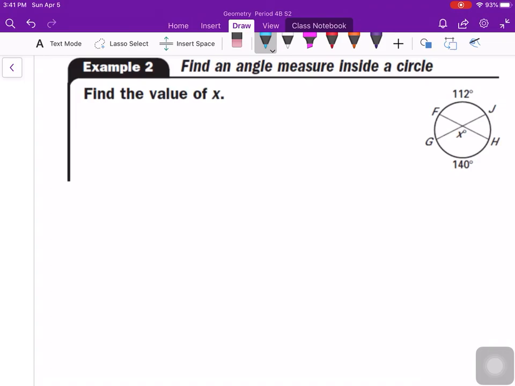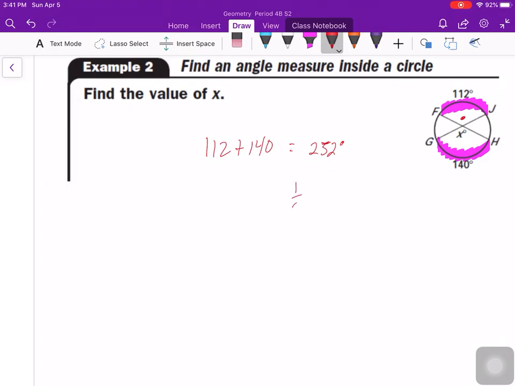Okay, so let's see if we can find the angle measure. So find the value of x. So again, if I do some highlighting here, here's my arc. Here's my other arc. So those are the two arcs that are formed by the angle x and its vertical angle. Again, if I put a red dot where the other angle would be. So if I add those two together, 112 plus 140, that's going to give us 252, sorry.